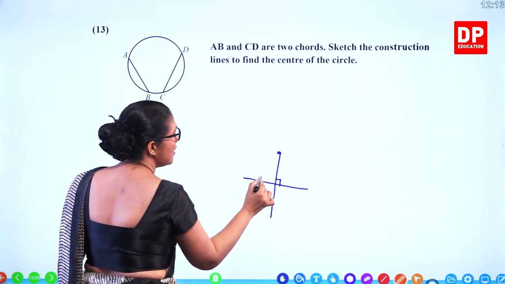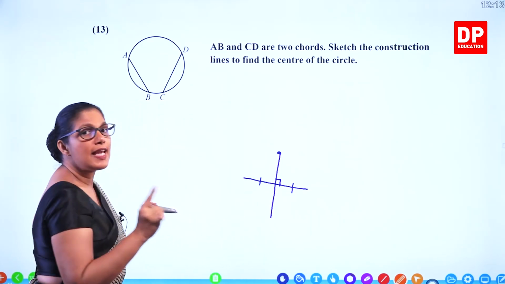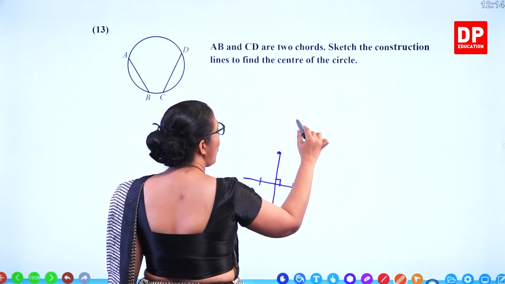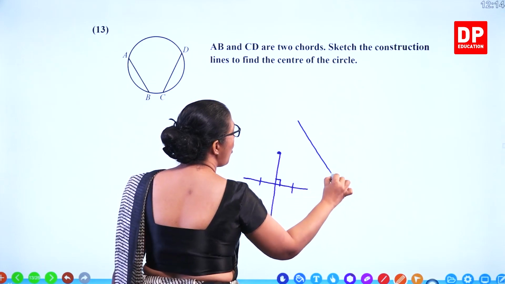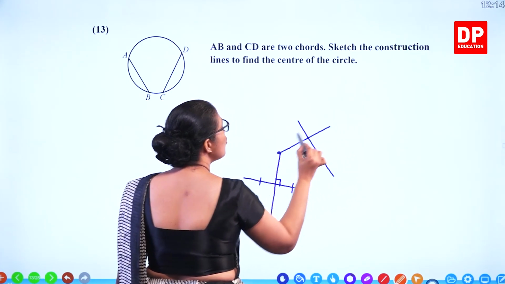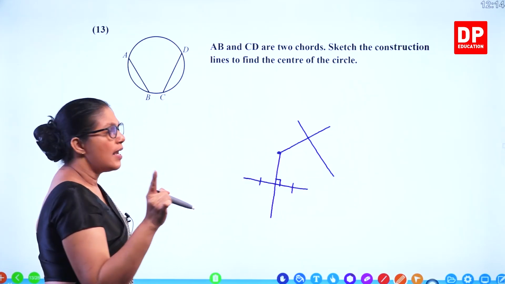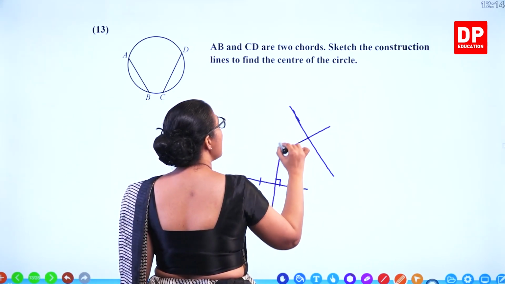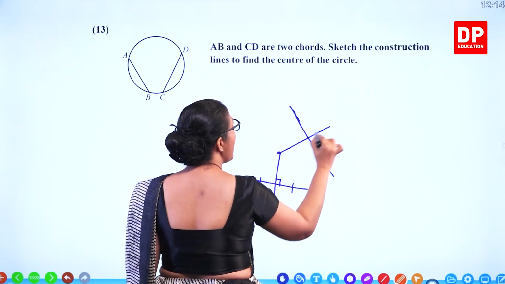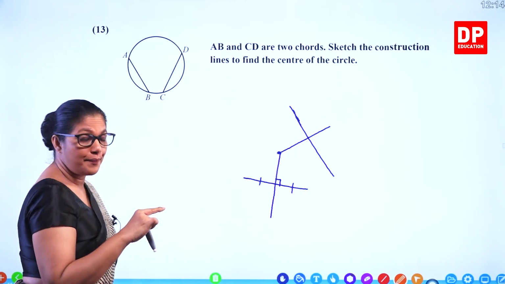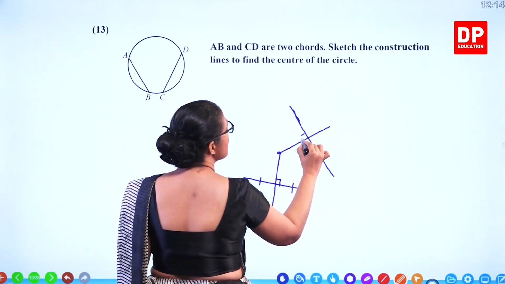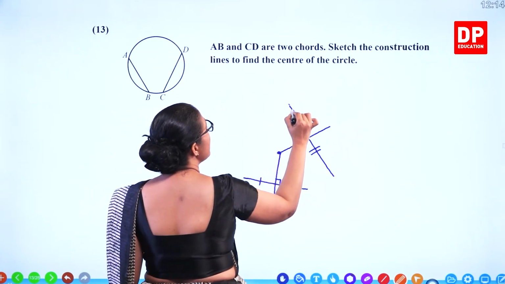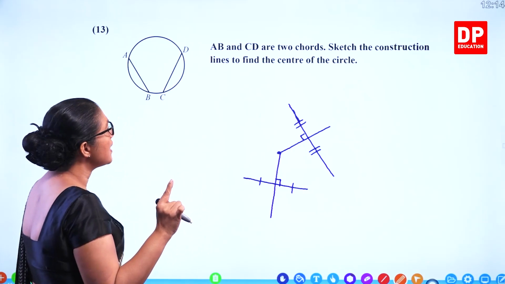Then what happens? This divides equally. For any chord, the line joining the chord and the center bisects it. So we can use that property to find out the center of the circle.